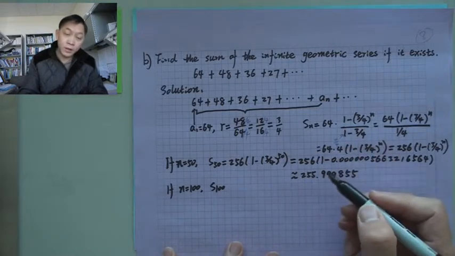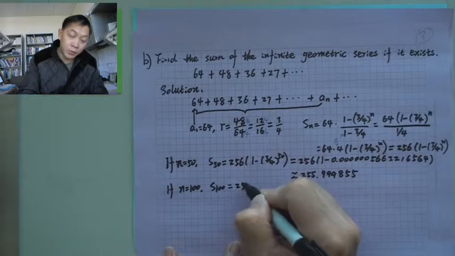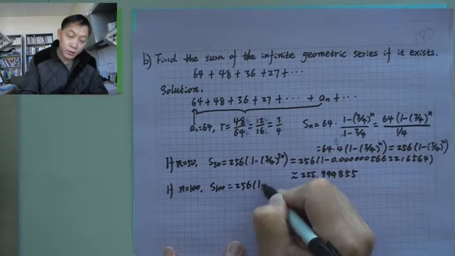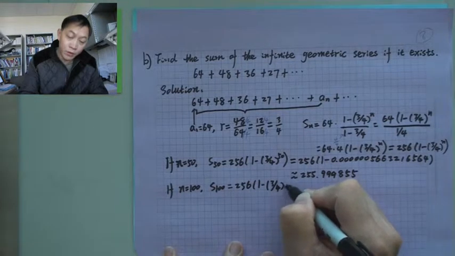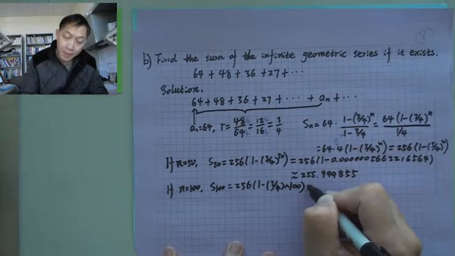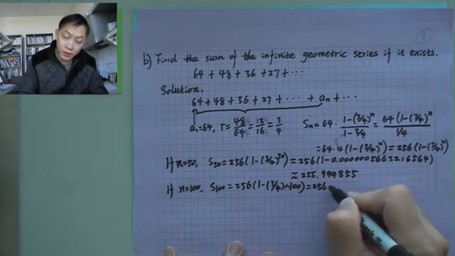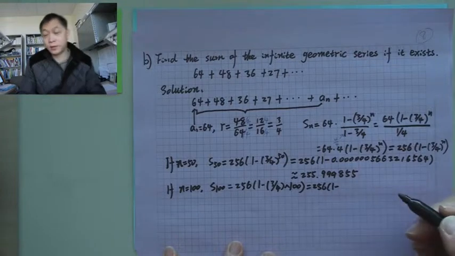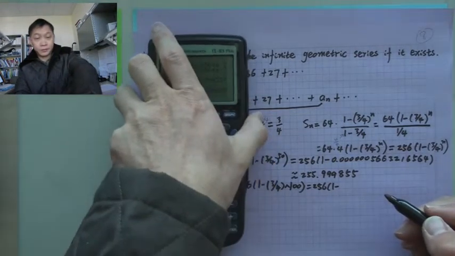Okay, let's see how the number would be. To the 100th. So that's 256 here. 1 minus 3/4 to the 100th.